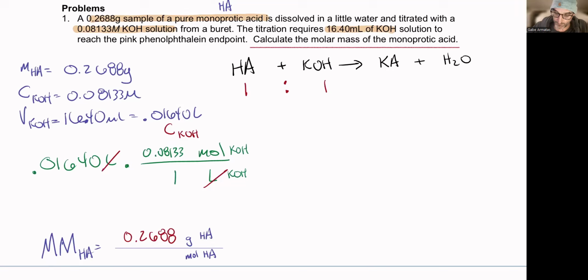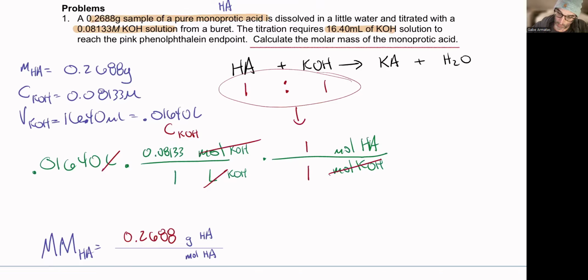Next step, I want moles of KOH to go away, and I want moles of my acid to remain. Ideally, that's what we're looking for. And we know because of my molar ratio, this is a 1-to-1 ratio. Moles of KOH cancel, leaving behind moles of my acid.